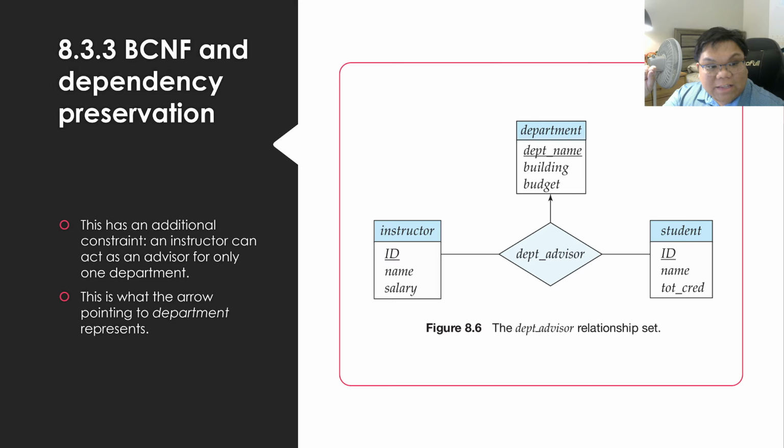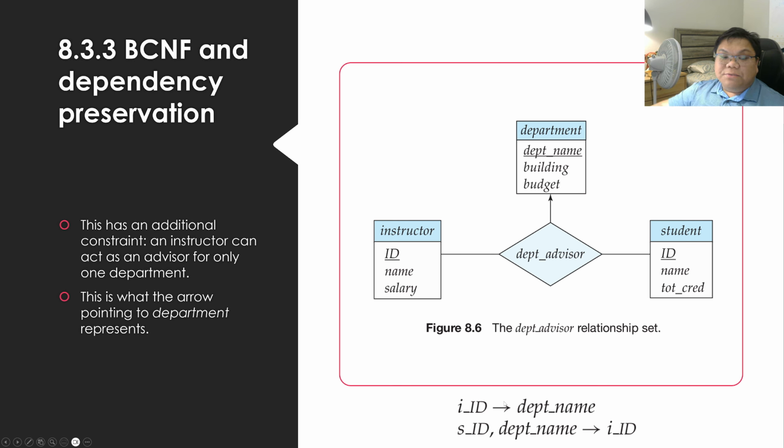That constraint is an advisor can act as an advisor for only one department, which is also captured by this arrow here. If an instructor is advising, they can only advise for one department at a time. An instructor can only be an advisor for only one department. So that's what's being captured in this diagram here.